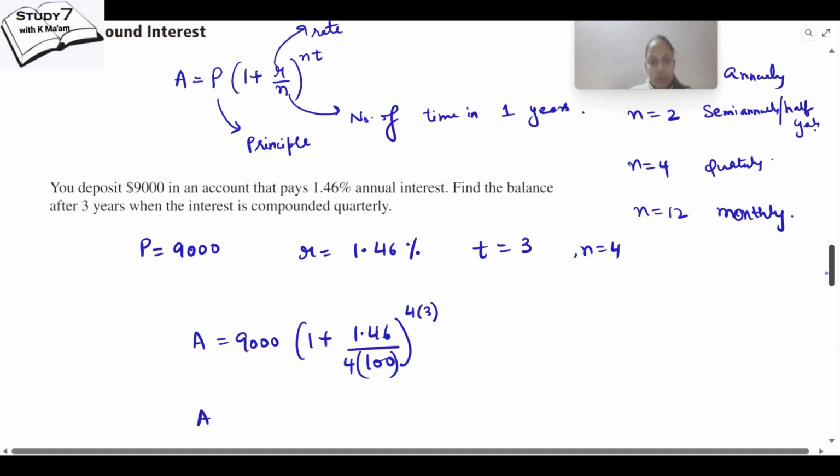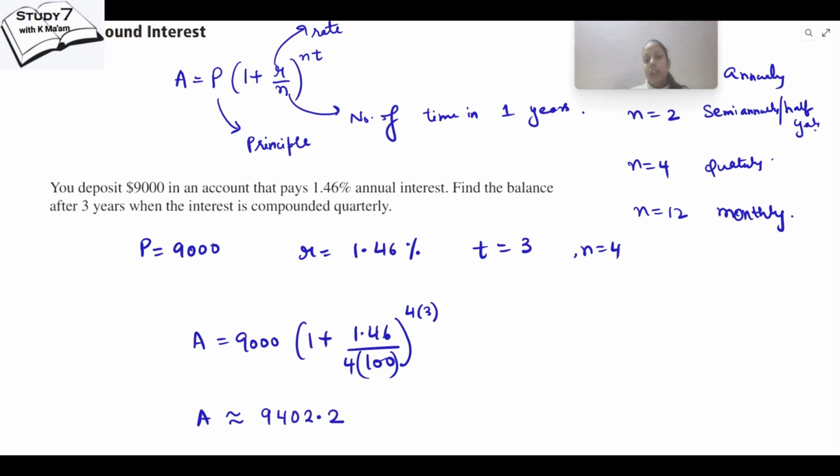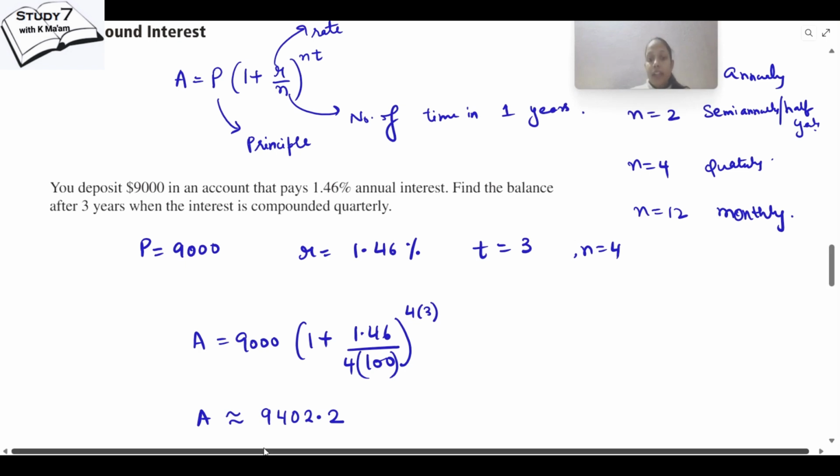Simplify this. If you simplify, you will get approximately $9,402.2. After 3 years, applying the compound interest of 1.46% quarterly, you will get a total amount of $9,402.2. Done.